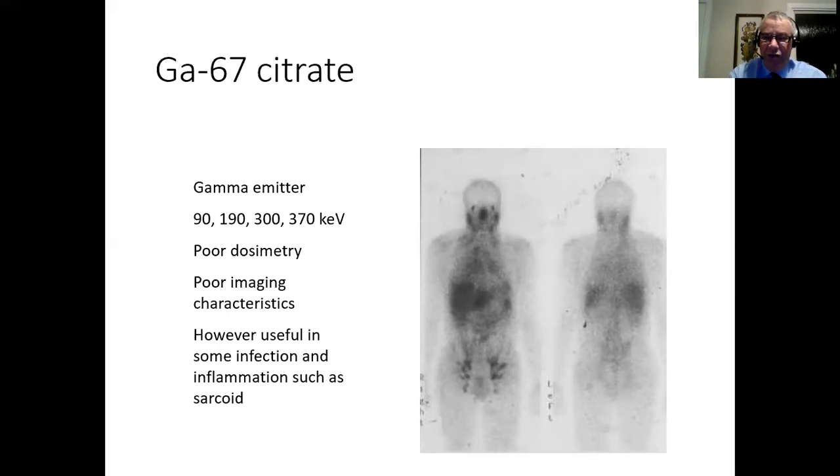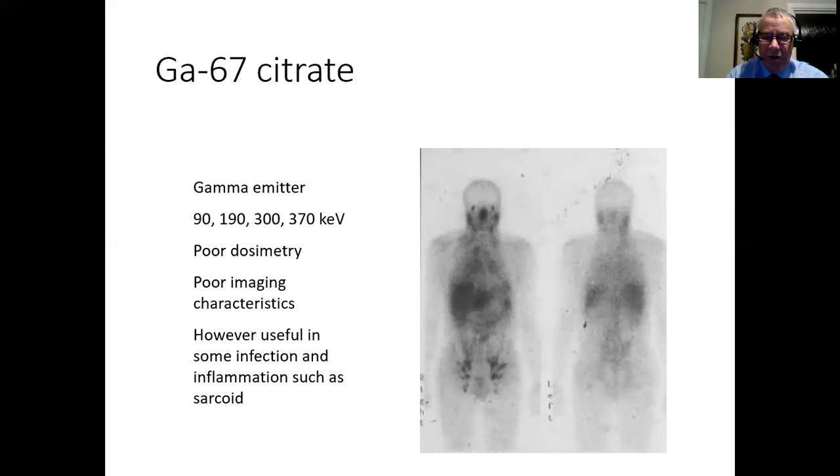So first of all, let's talk about gallium-67 citrate, which we know is a gamma emitter. It produces multiple gamma rays between 90 to 370 keV, and it has fairly poor dosimetry because of these high energy gammas.